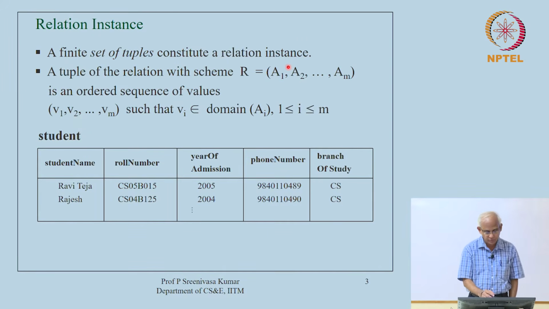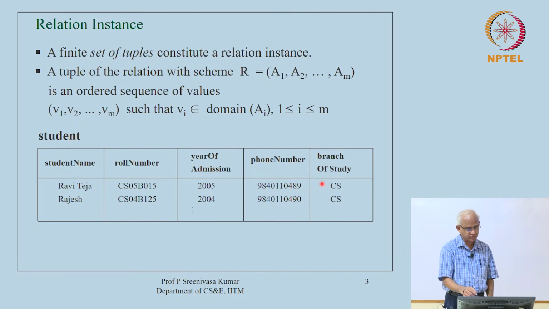At this point, the only constraint we are placing is that all these values, for example this string, even though it looks like it has two pieces, it is a string with a blank character, so we treat it as a string. All these are atomic pieces of data, and each should come from the domain defined for that attribute. That is the only constraint, and there are a finite number of them. This is what a relation instance is.